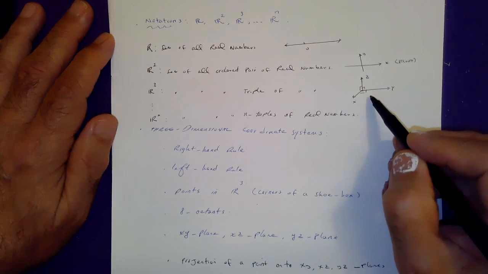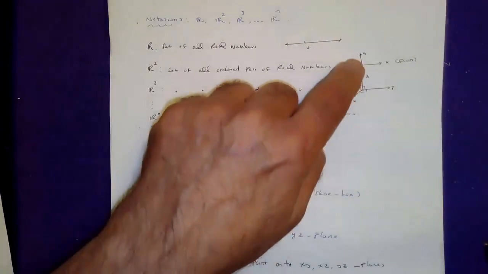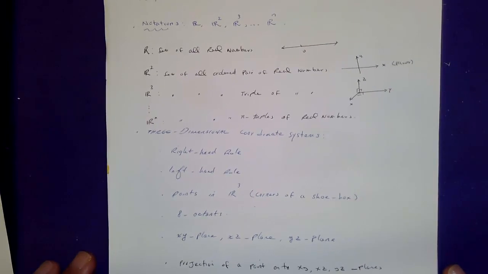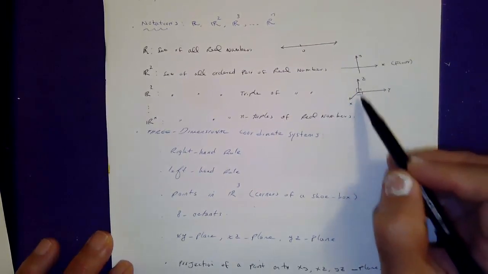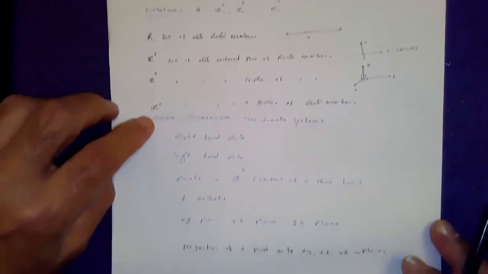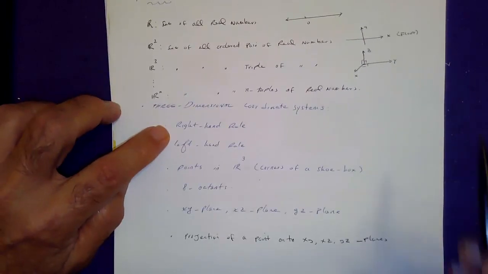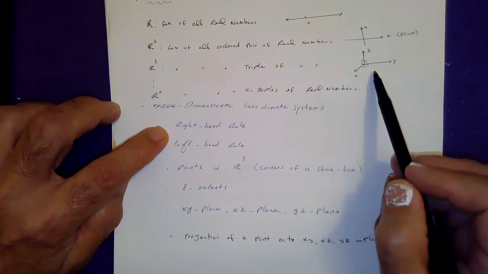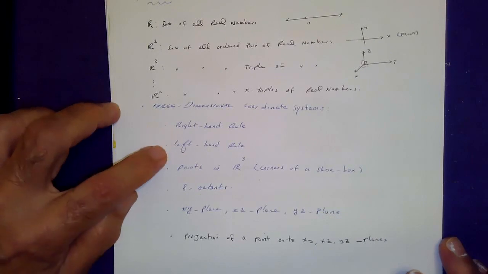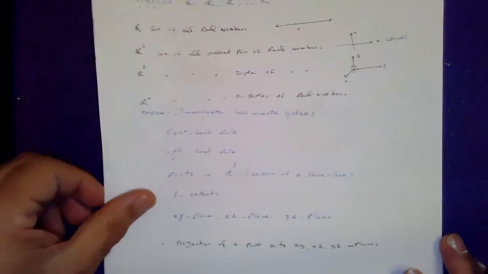Now we're trying to make this axis represent a point in space. So we need an additional axis called the z-axis. Basically, we have two ways of graphing this three-dimensional coordinate system: either by the right-hand rule or the left-hand rule.